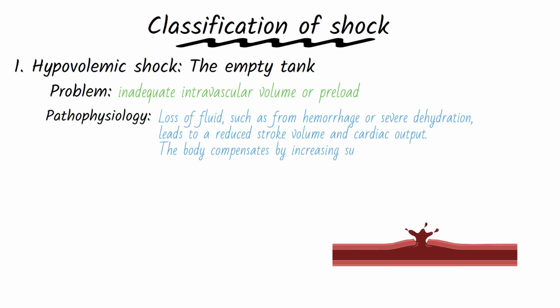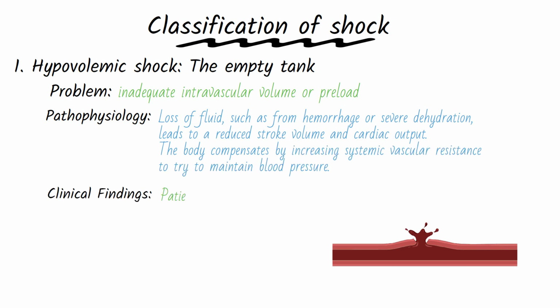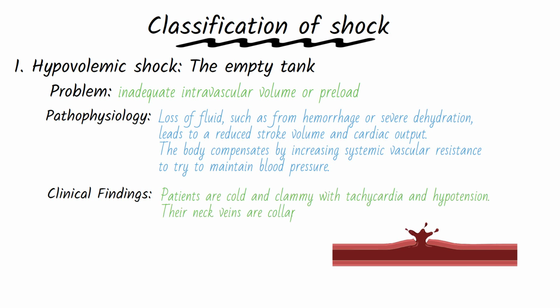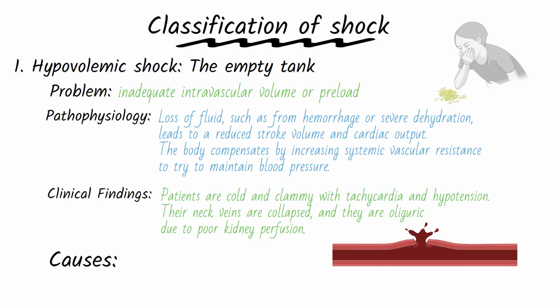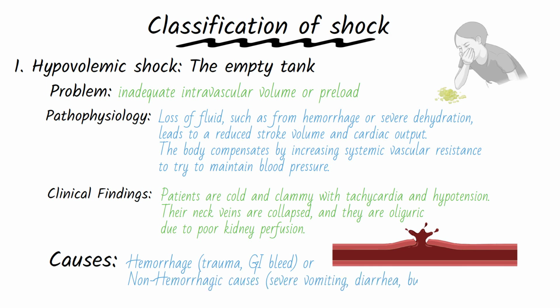The body compensates by increasing systemic vascular resistance to try to maintain blood pressure. Patients are cold and clammy with tachycardia and hypotension. Their neck veins are collapsed and they are oliguric due to poor kidney perfusion. The most common causes are hemorrhage, that is from trauma or GI bleed, or non-hemorrhagic causes such as severe vomiting, diarrhea, burns, and diabetic ketoacidosis.